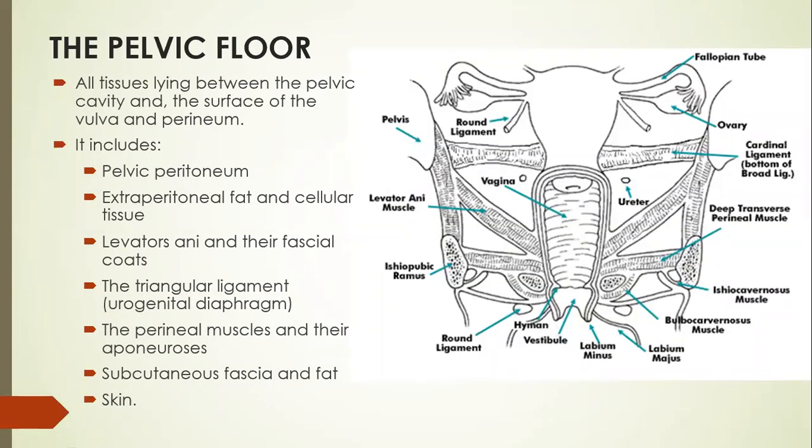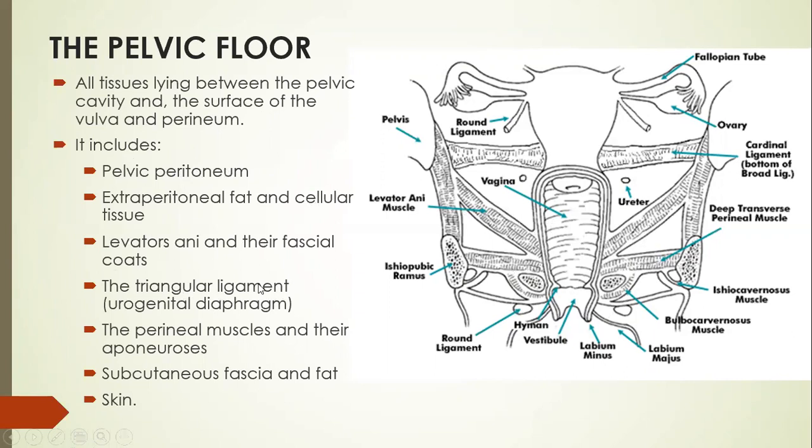Coming to the pelvic floor, around the pelvis there is a pelvic floor. All the tissues lying between the pelvic cavity and the surface of the vulva and vagina, in between them, form the pelvic floor. It includes the pelvic peritoneum, the extra peritoneal fat and cellular tissue, the levator ani muscle, which is a very important muscle, and the fascia coating.